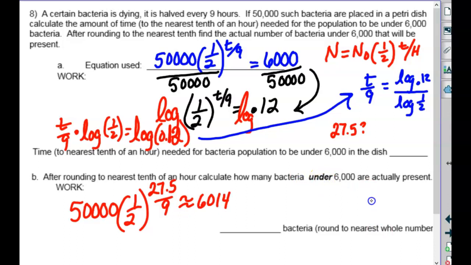Did it go under 6,000? So what would we have to do? This was 27.53, so what's the next tenth we could round up to? 27.6 hours. Now, if we change this to 27.6, we're hoping to go under 6,000.